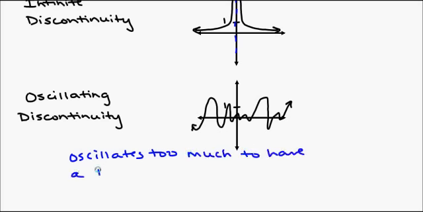Okay, and an example of this would be y equals sine of 1 over x. Okay, so those are your basic discontinuous functions.